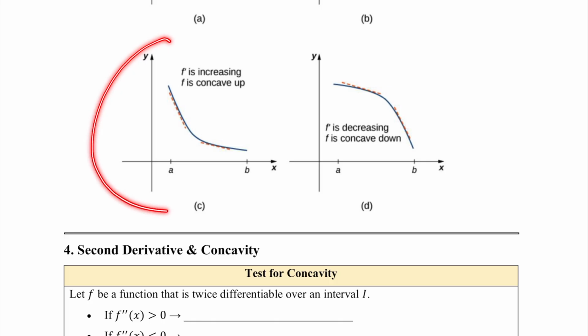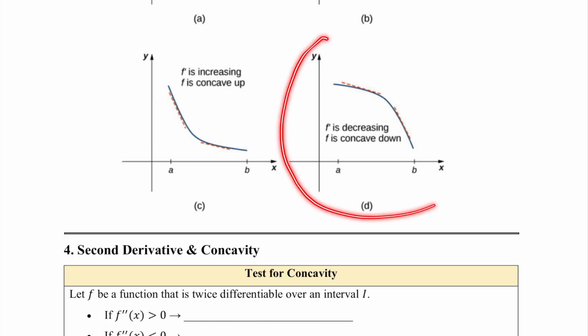Here is another example. Even though the function is decreasing, notice the slopes are getting less negative, so they are increasing. That means f prime is increasing, and the graph is still concave up.